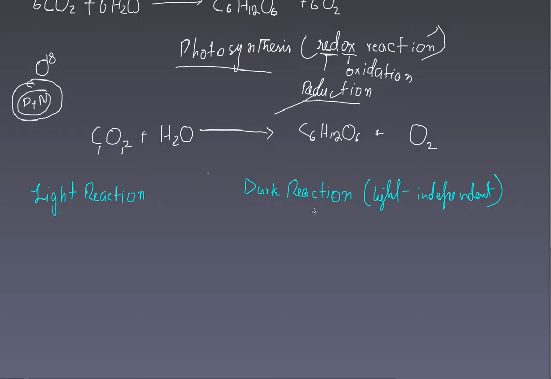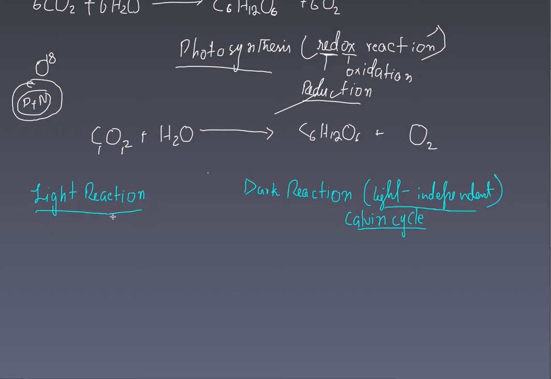So the dark reaction is also called the Calvin cycle, after the scientist Calvin. So basically you have three names for this reaction: dark reaction, light independent reaction, and Calvin cycle. I usually prefer the name light independent, because it's more clear than dark reaction, but it's up to you.